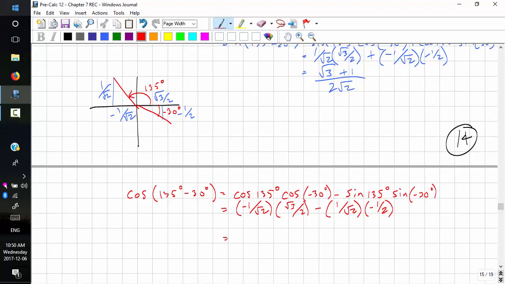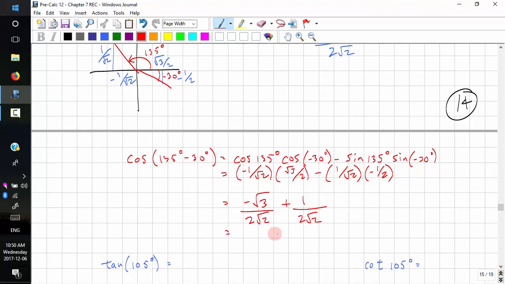And we simplify. Negative 1 times root 3 is negative root 3 over 2 root 2. And we have 2 negative signs, so that's plus 1 over 2 root 2. And we combine the fractions: negative root 3 plus 1 over 2 root 2.